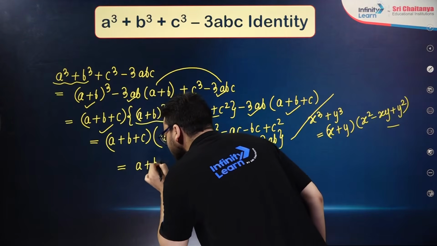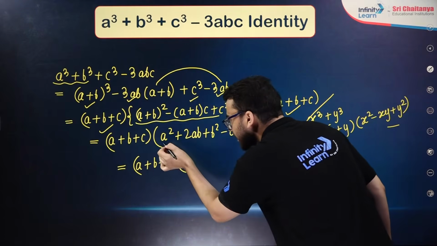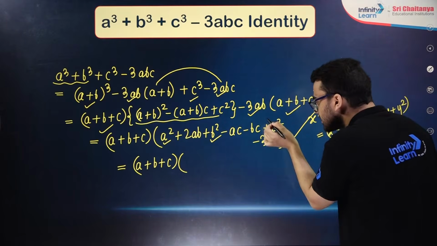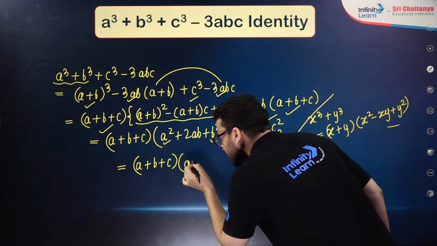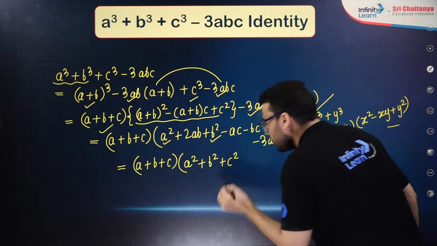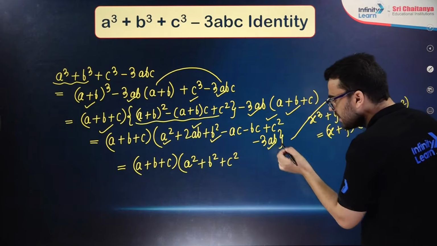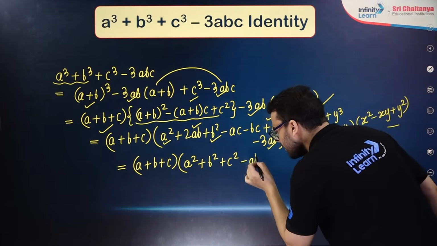This is a plus b plus c, and then in the bracket you will get a square plus b square plus c square. And then 2ab minus 3ab will be minus ab.